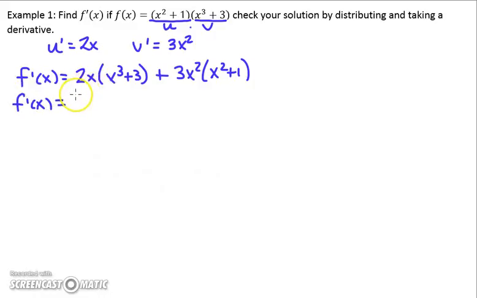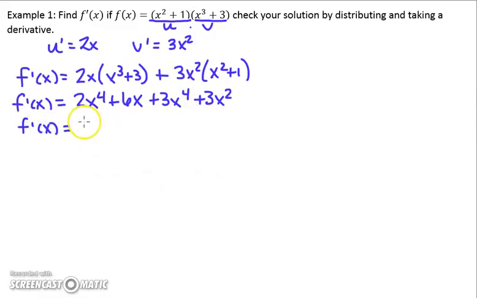We can distribute, get 2x to the fourth plus 6x plus 3x to the fourth plus 3x squared. And we can combine some like terms and get 5x to the fourth plus 6x plus 3x squared. Should probably put these in descending order, but that's okay for now.